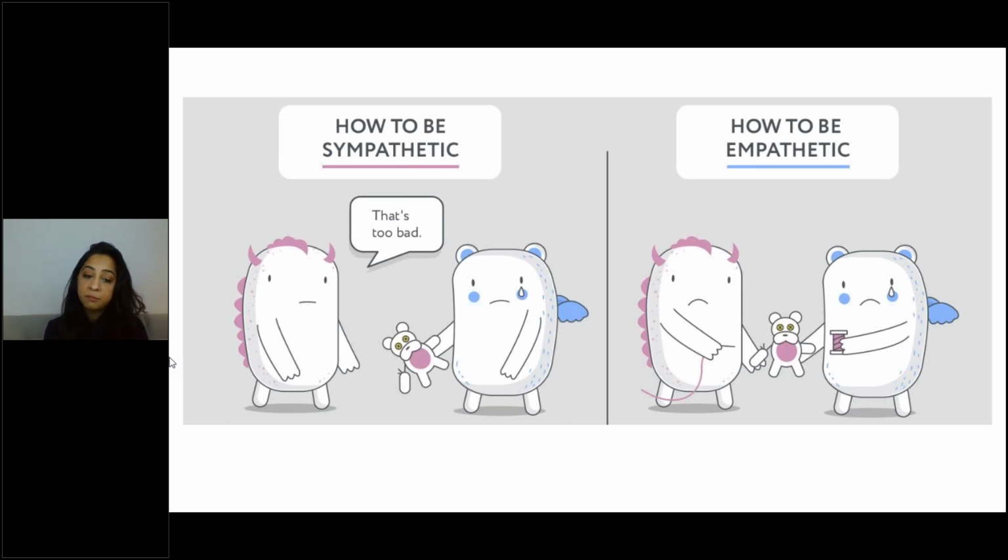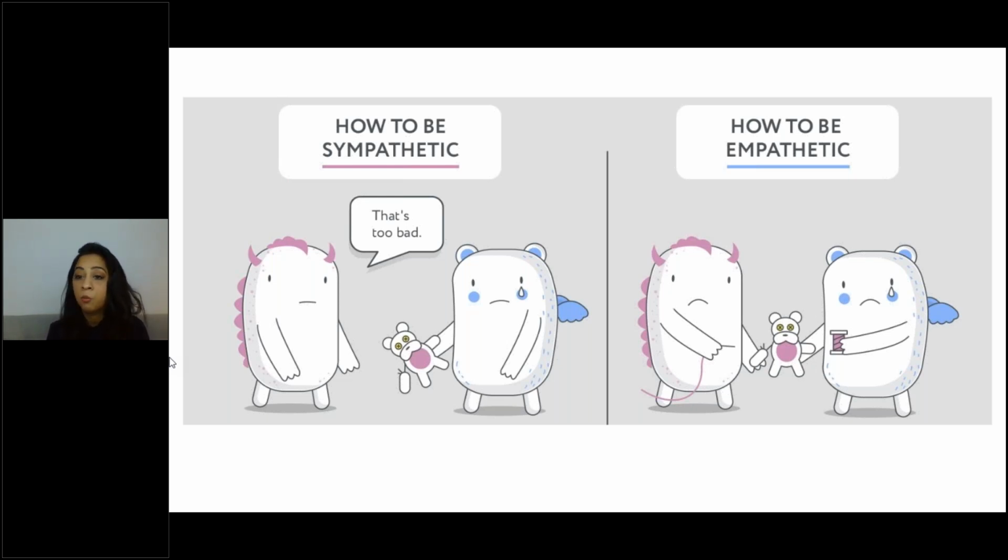So what sympathy means is recognizing that somebody is sad, and what empathy means is being a part of somebody's sadness and trying to help them out as much as you can. So that's the basic difference between sympathy and empathy. In sympathy, you're an observer of a patient.